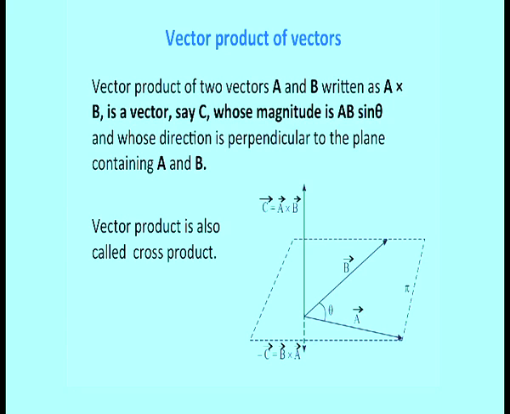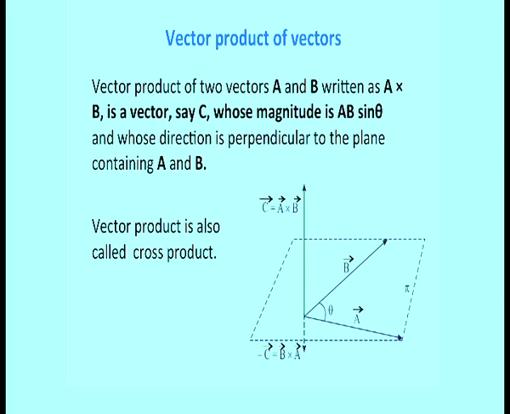The vector product of two vectors A and B, written as A cross B, is a vector, say C, whose magnitude is AB sin theta and whose direction is perpendicular to the plane containing A and B. You can see from the figure the vector product of the two vectors A and B is equal to another vector C, which is perpendicular to the plane containing A and B. This is the plane in dotted line and the vector C equals A cross B, and the vector C is perpendicular to the plane containing A and B. So, in case of vector product, the resultant quantity is a vector.